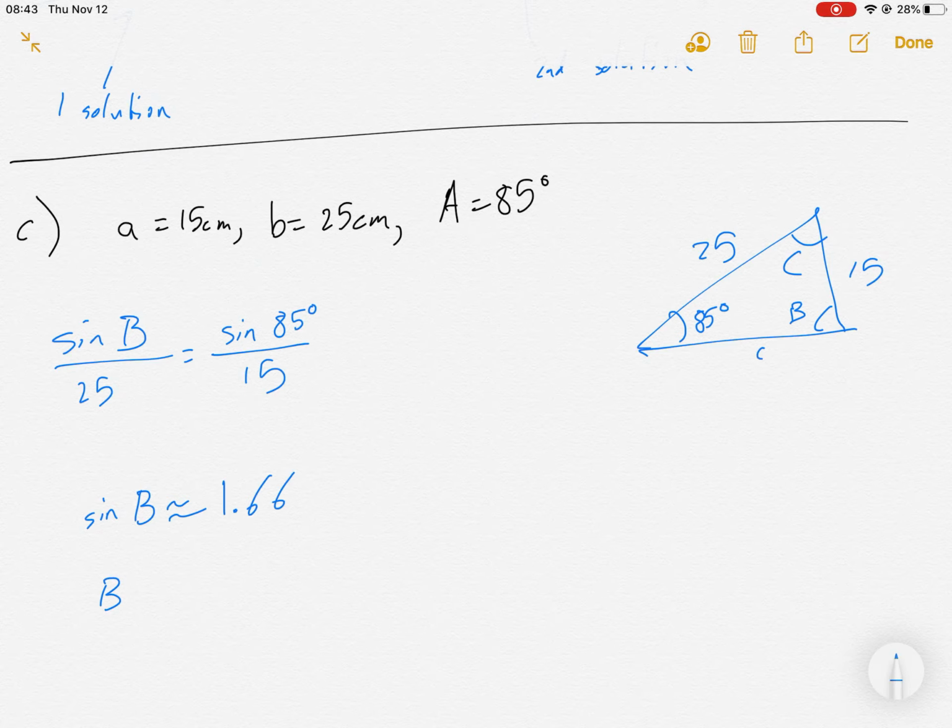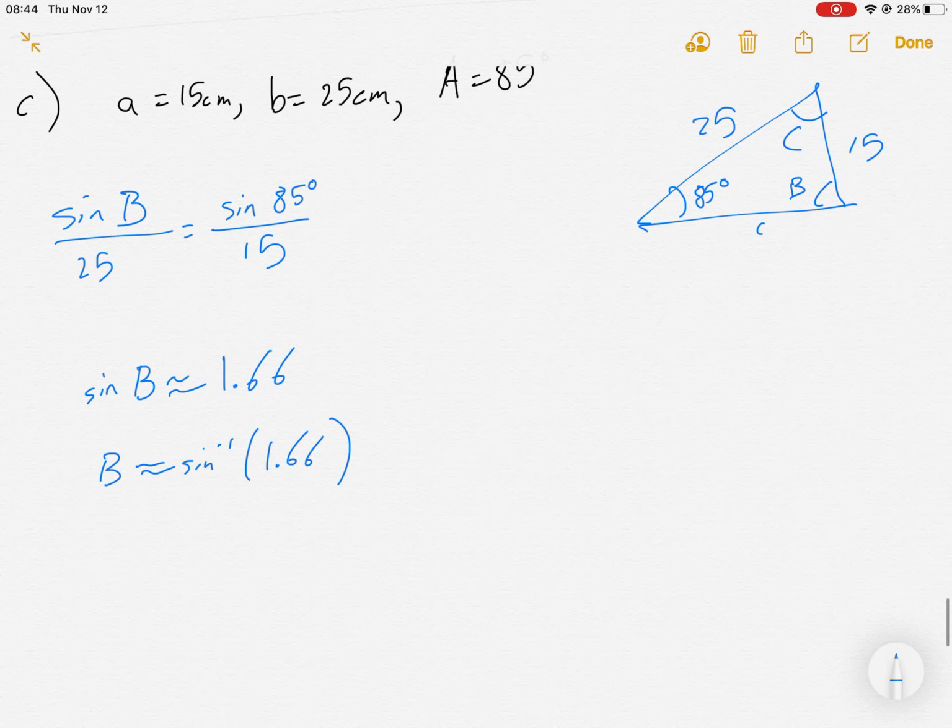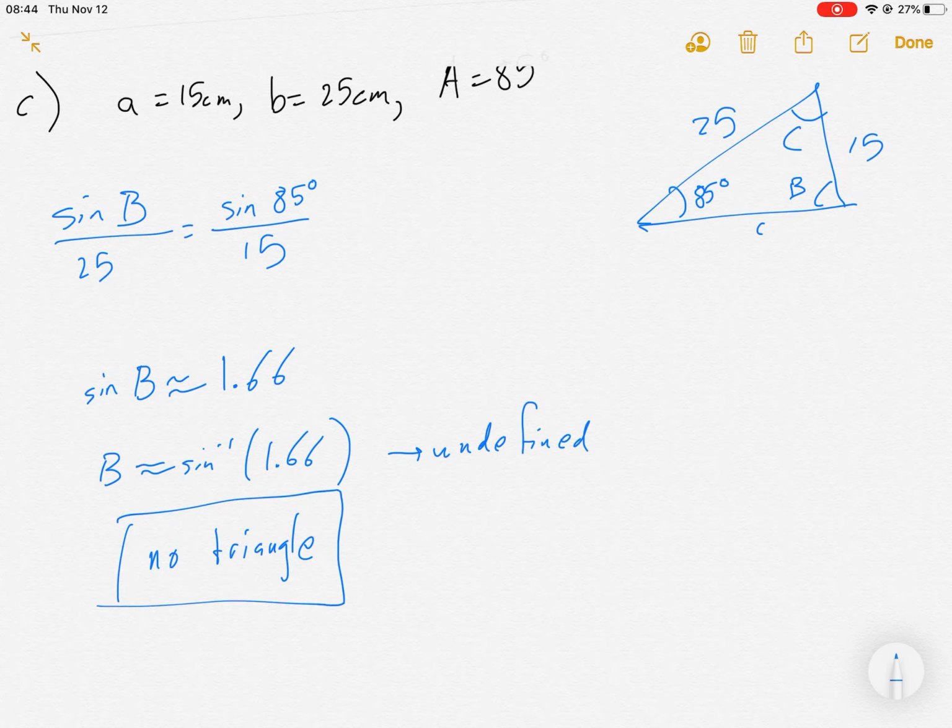And if you try to do sine inverse of 1.66, you end up with no solution. That's because 1.66 is outside the range of sine. It's not in the domain of sine inverse. And so in this case, we say that there is no triangle or no solution.